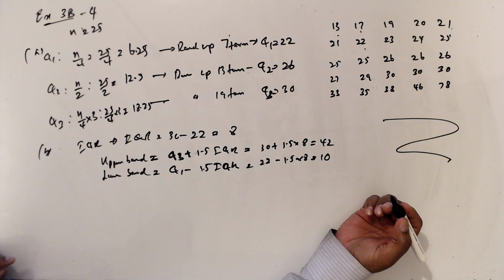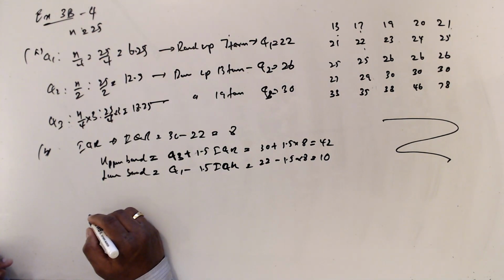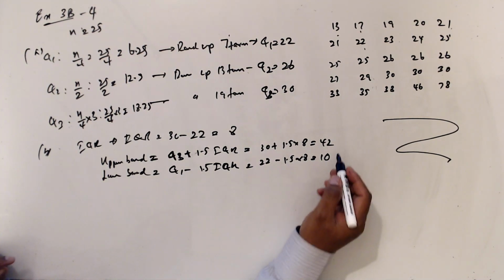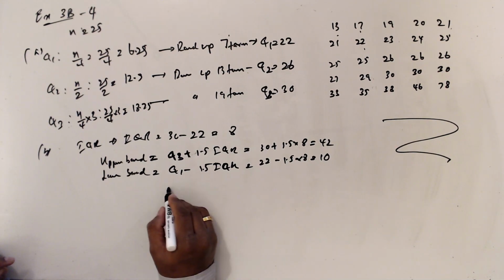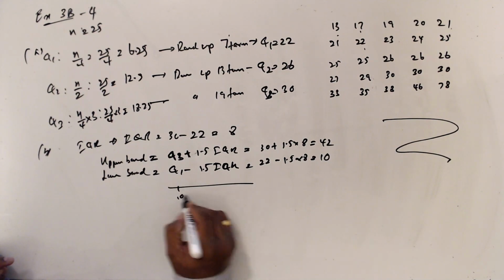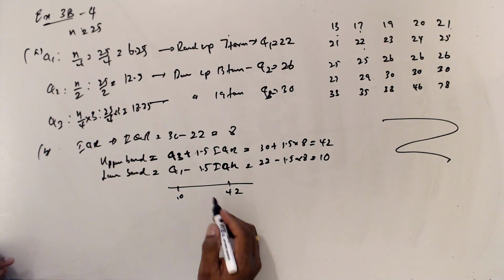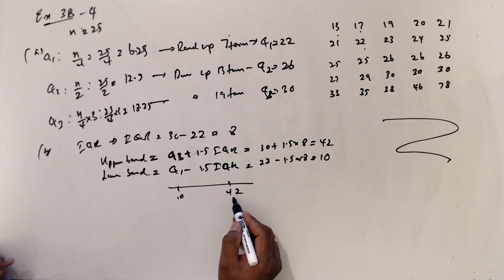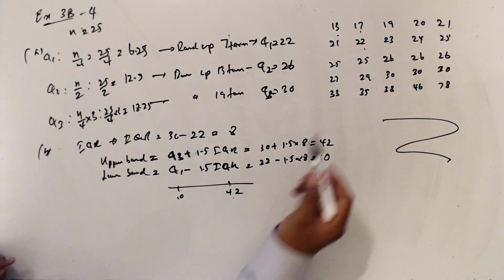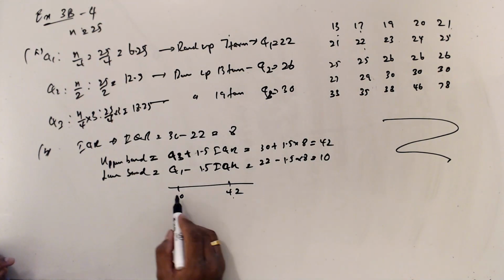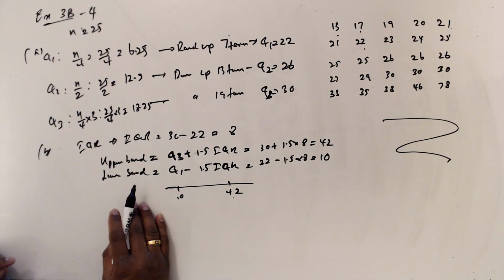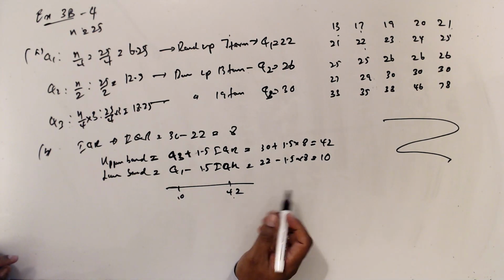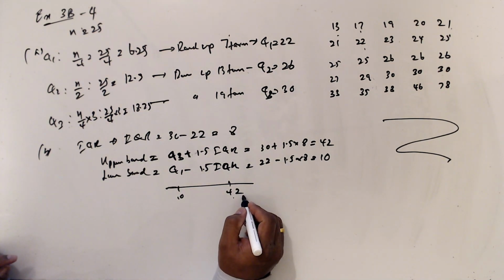So this is the range now, 10 to 42. Any value below 10 or over 42 is an outlier. The minimum value is 13, so there is no minimum outlier. Let's go to the other side, 42.